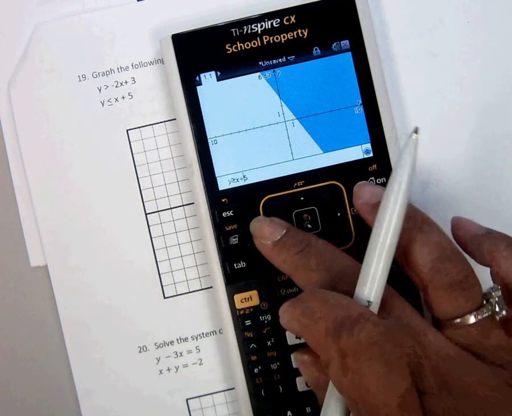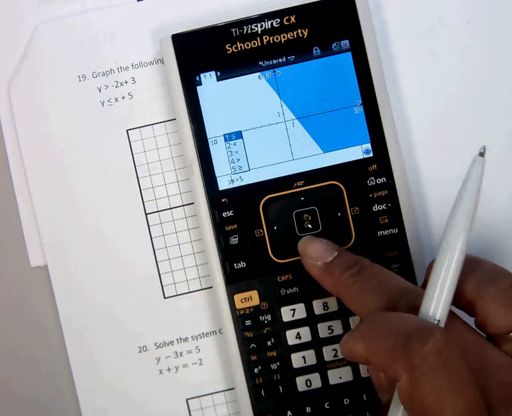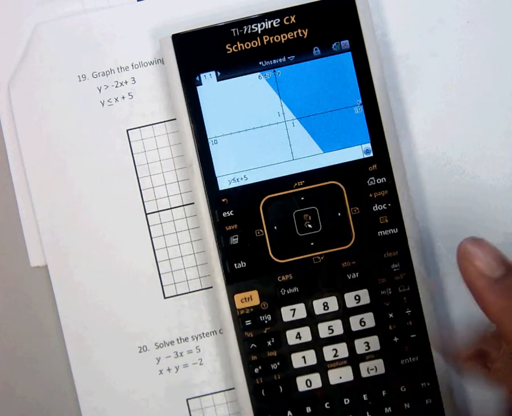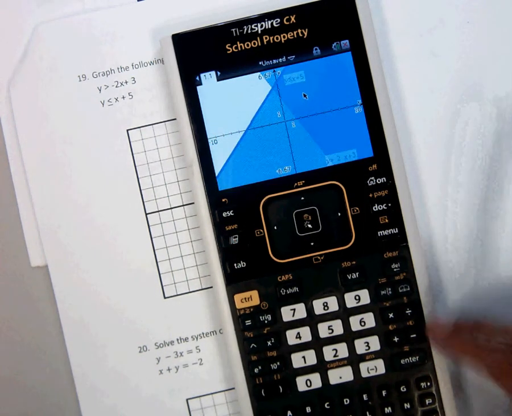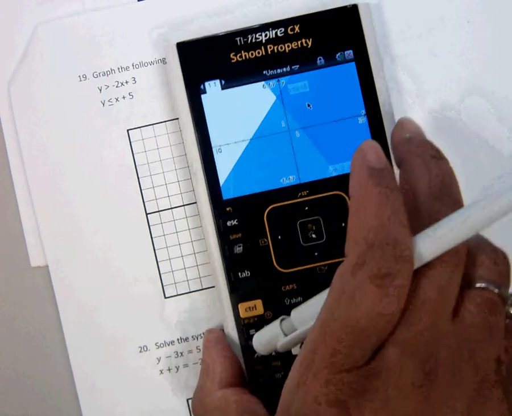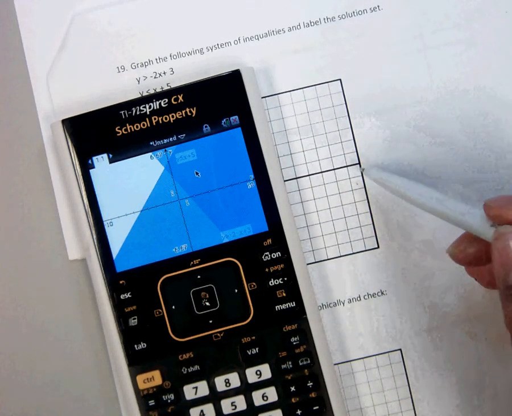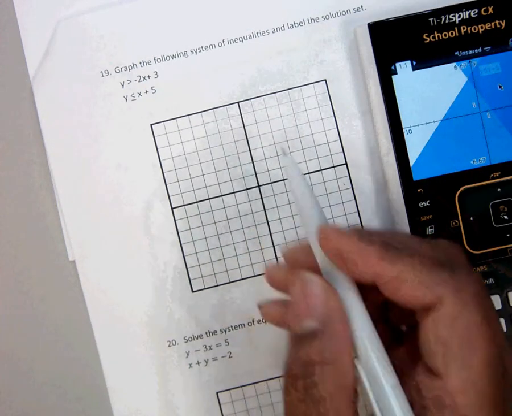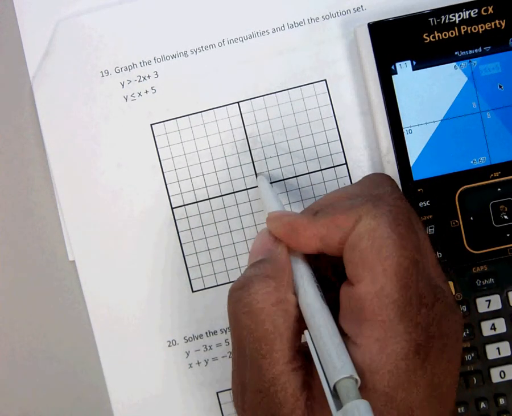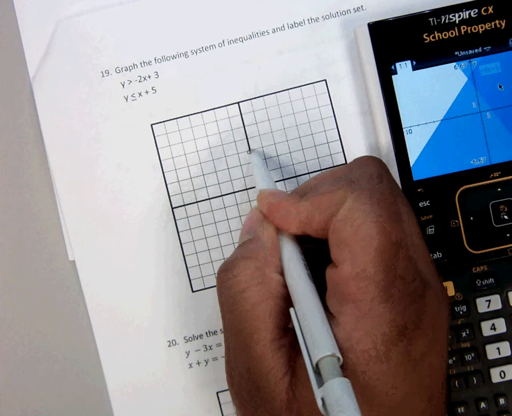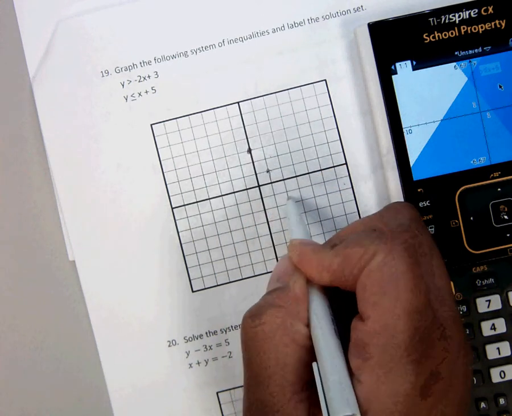And I need it less than or equal to. So let's make sure it says less than or equal to. It does. There it is. So as long as I show that here with the shaded region, it's correct. So I'm going to use that as my guide for those that have forgotten how to do this. 3 down, right 1.